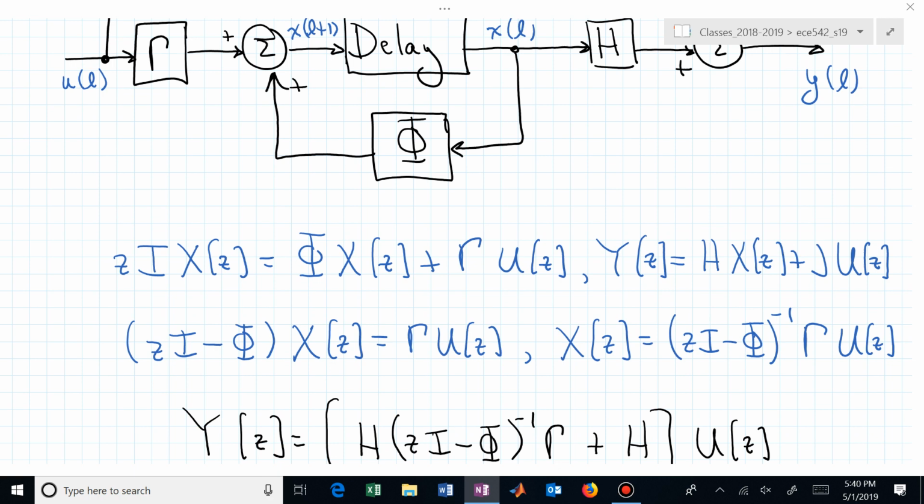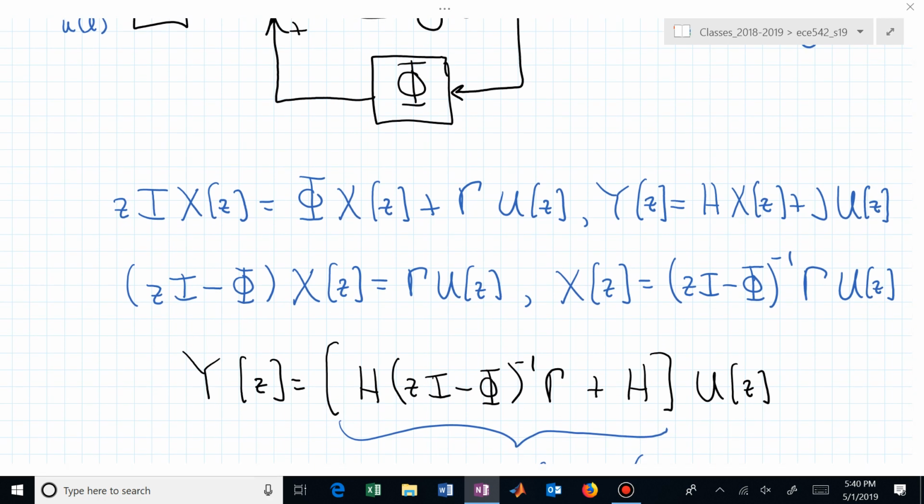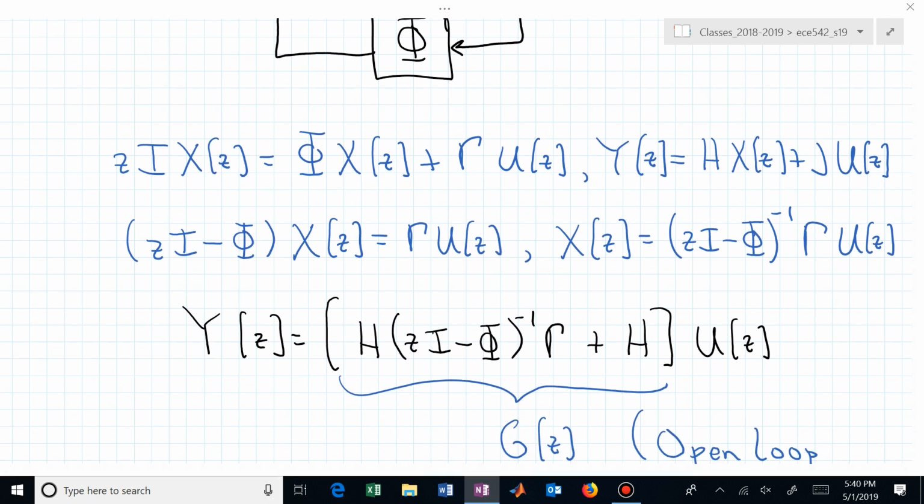You can then use that algebraic and dynamic equation, z-transform it, and derive the transfer function in terms of the state space representation.